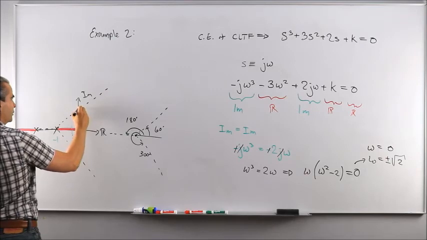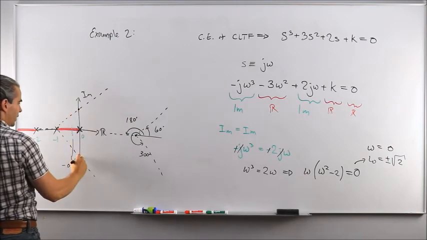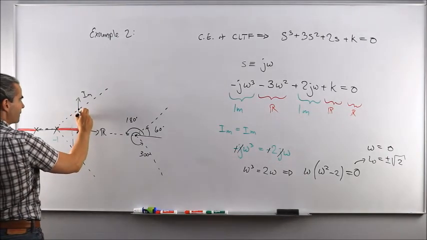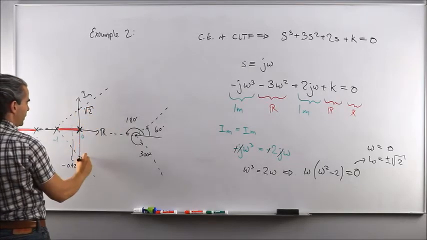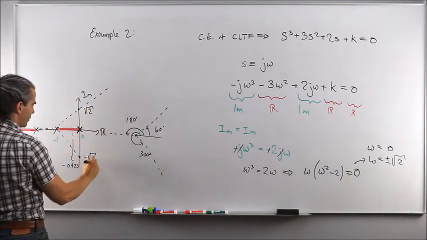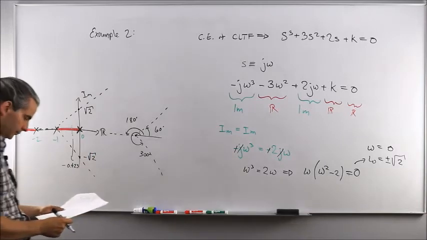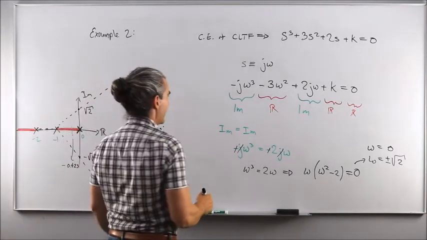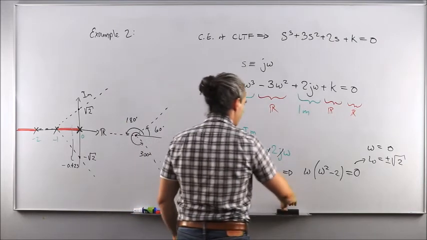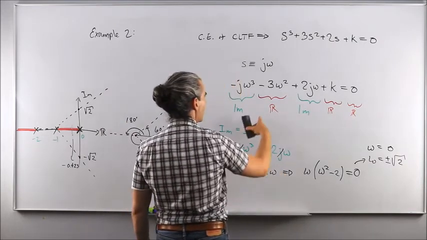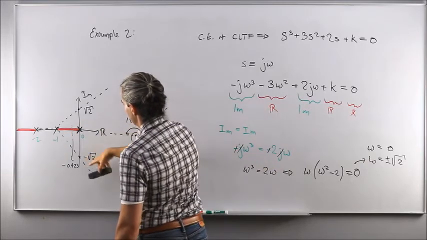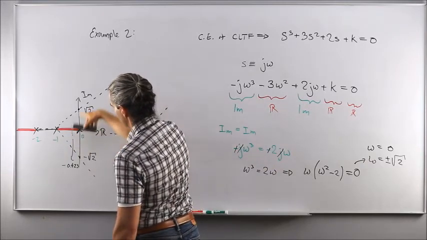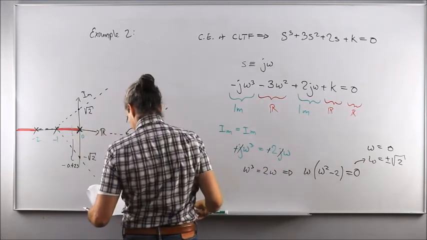These correspond to those locations here. Okay? So that would be plus square root of 2 and minus square root of 2. Now, you might be also interested into figuring out at what values do we cross the imaginary axis along the asymptotes at those two specific points.